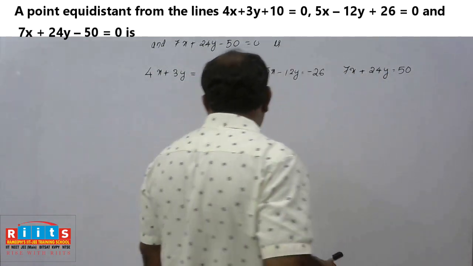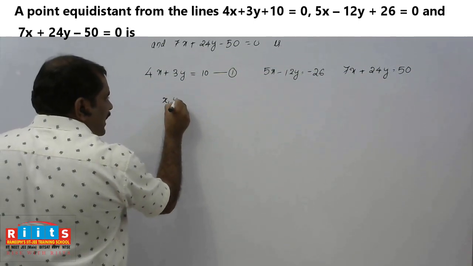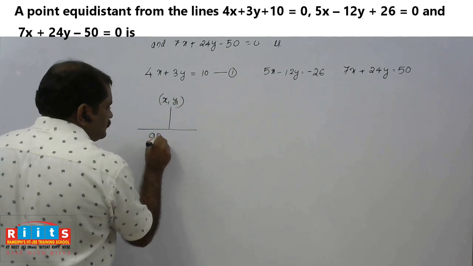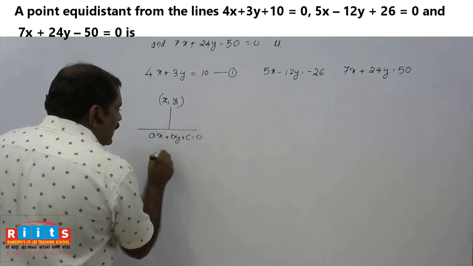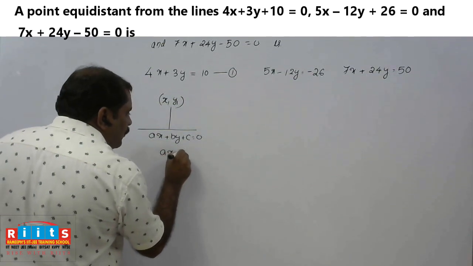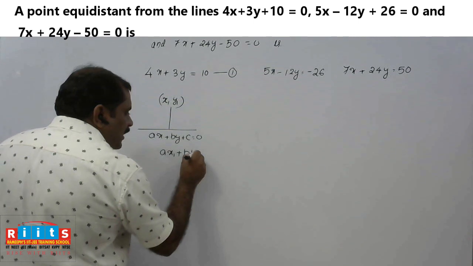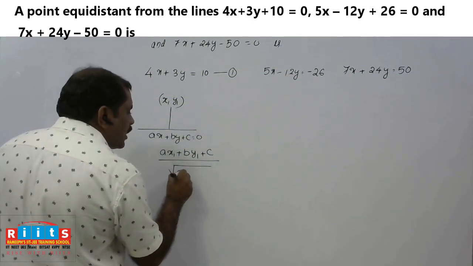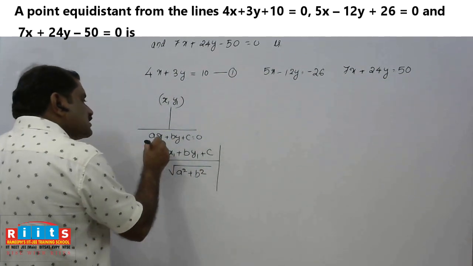Please listen. We know that the perpendicular distance from a given point to a straight line is, first of all, substitute the point in the equation: ax1 plus by1 plus c divided by root of a square plus b square. We take only the modulus value because it is a distance.